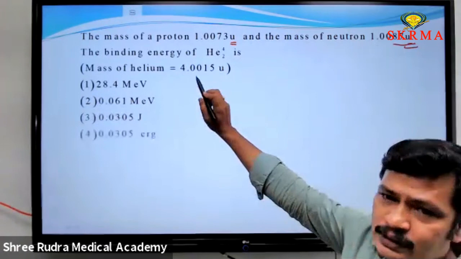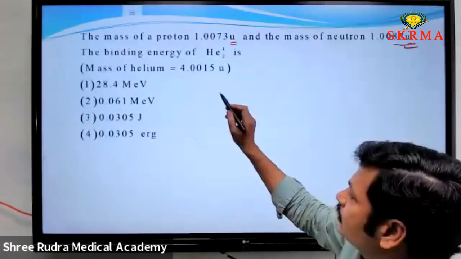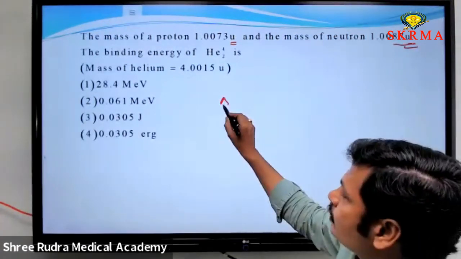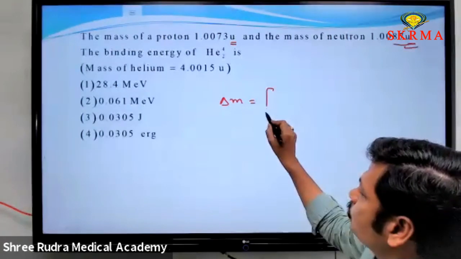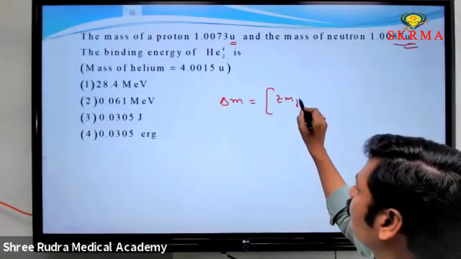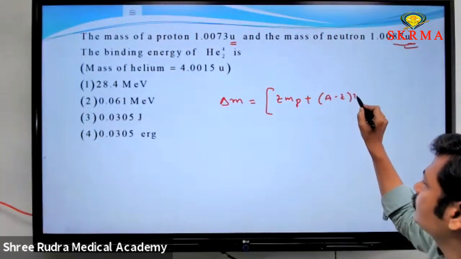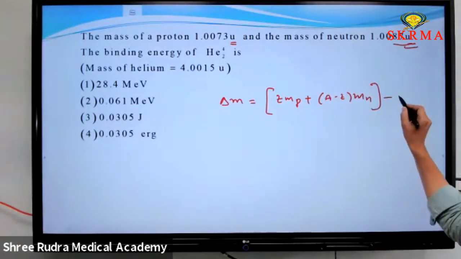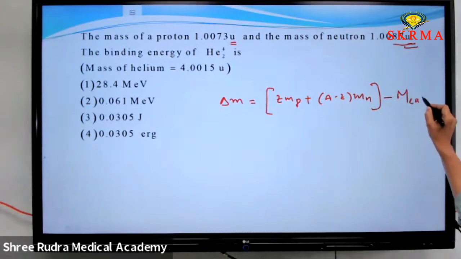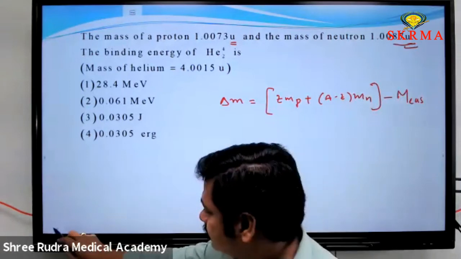If you want to calculate binding energy, first you have to calculate delta M. The delta M value is ZMp plus (A minus Z) into Mn minus M measured.